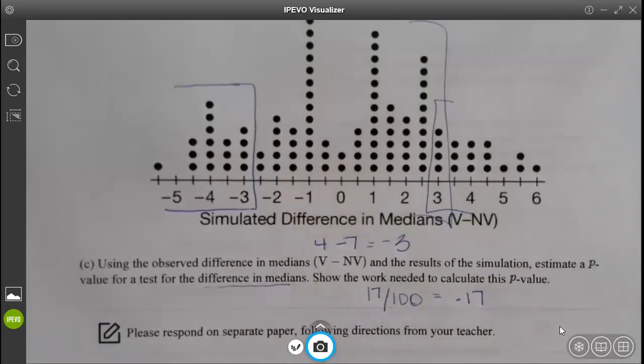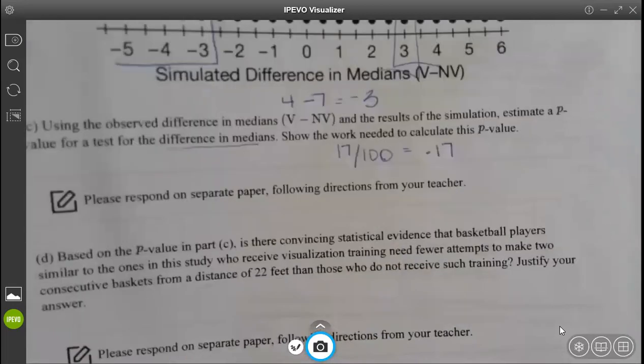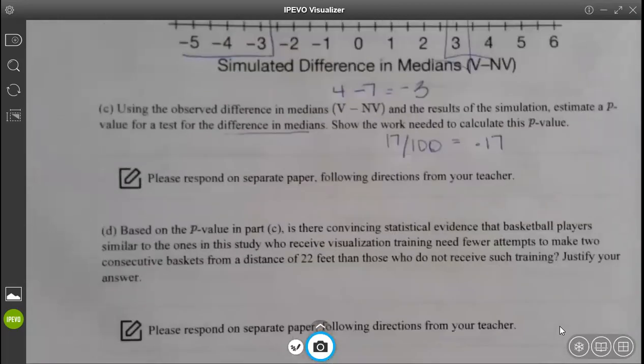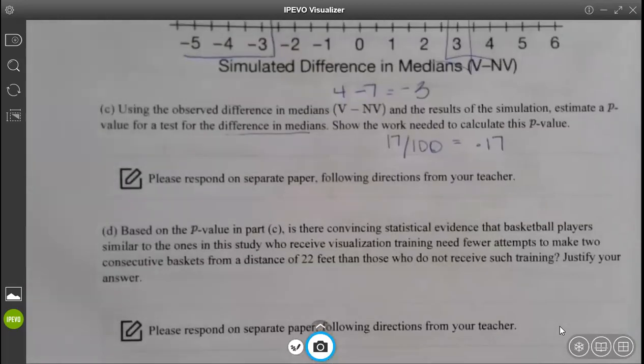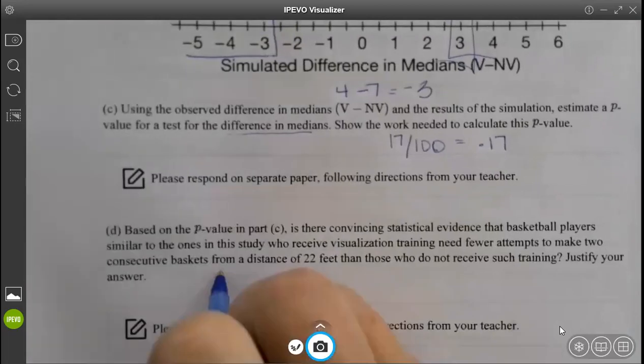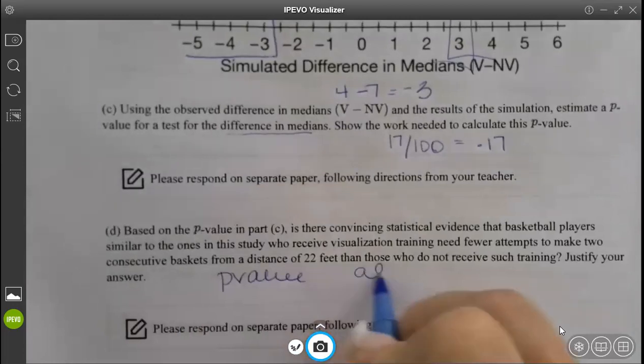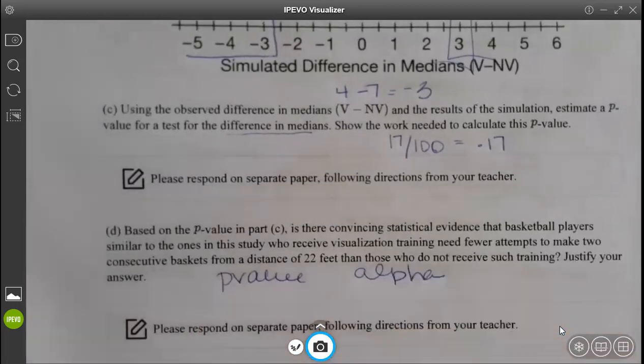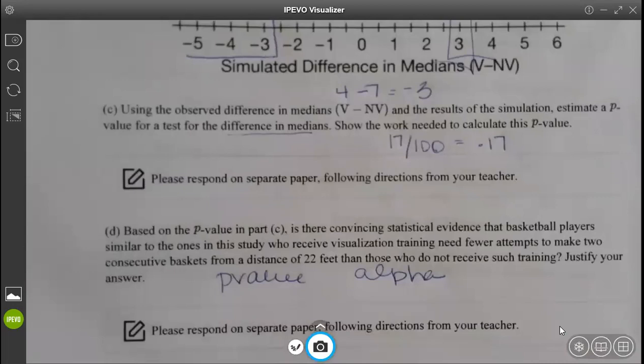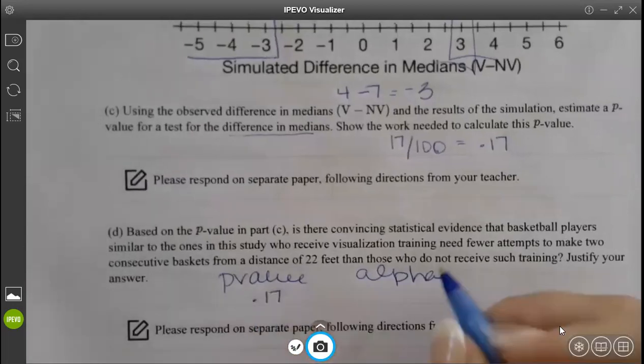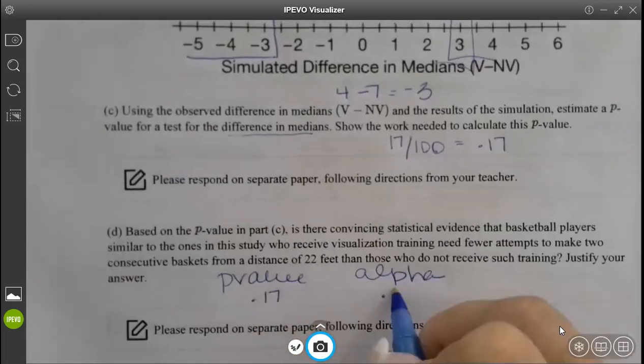All right. So then the last one, based on the p-value in part C, is there convincing statistical evidence that basketball players similar to the ones in this study who receive visualization training need fewer attempts to make 2 consecutive baskets? Just how you answer. How do you do that? What was your p-value that you just found? 0.17. Alpha is 0.05.